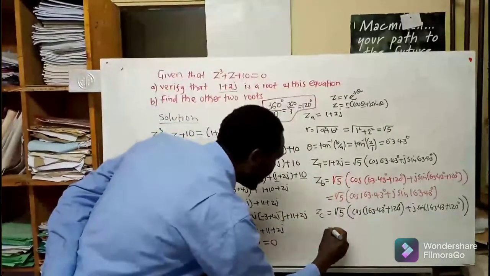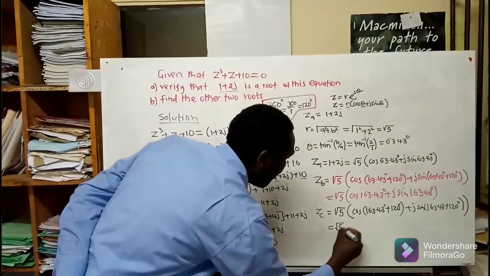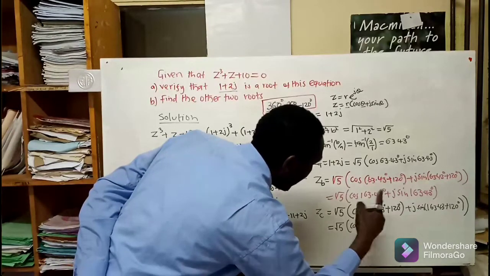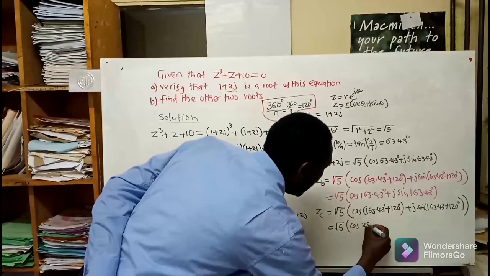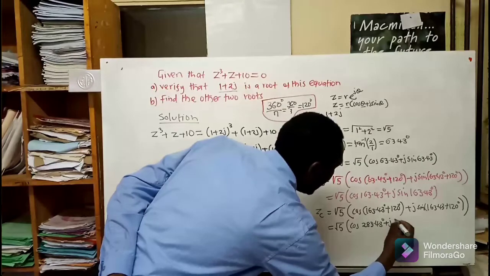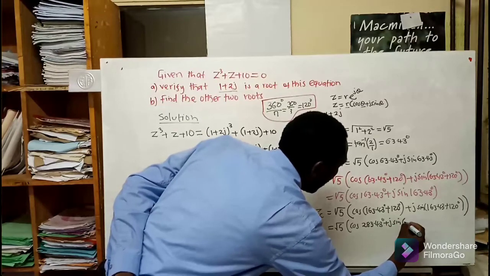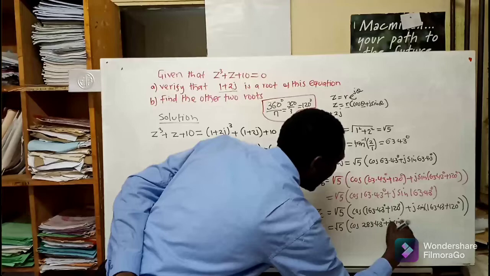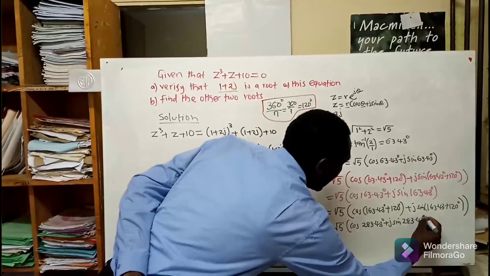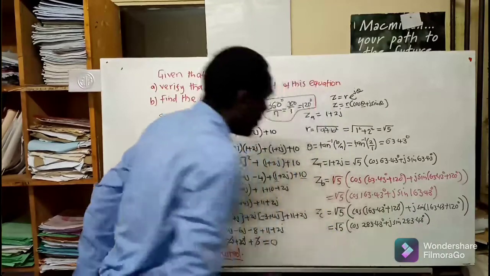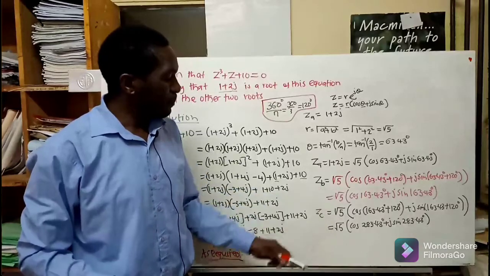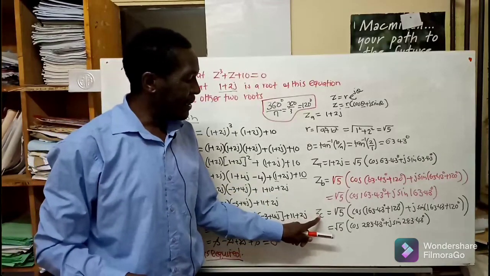When you add that, you get the square root of 5 into the cosine of 303.43 degrees plus j, the sine of 303.43 degrees. So these are the other two roots, ZB and ZC.